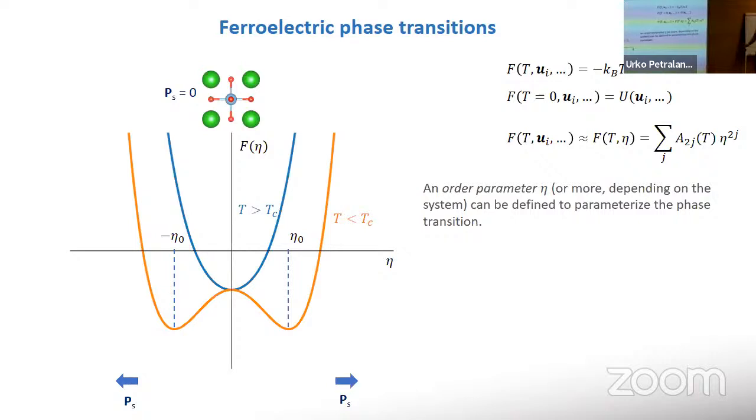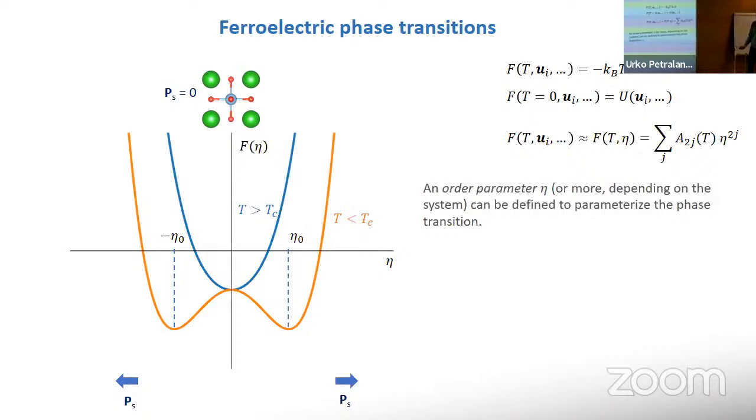What is done is to build, ad hoc, a functional shape of the free energy that has the properties that reproduce a phase transition. So the free energy has to have a minimum in the centrosymmetric phase when the order parameter is 0, in our case, when the system is centrosymmetric. And then when T is lower, it has to fulfill the condition that the order parameter is 1, basically.